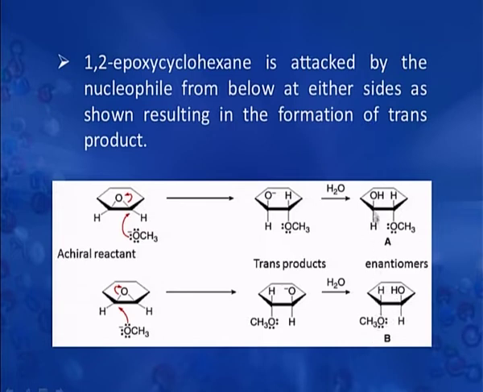If you compare A and B, the only difference between them is that they rotate the plane of plane polarized light in opposite directions, or you can say that they are mirror image isomers. And this is possible because 1,2-epoxy cyclohexane is actually a symmetrical oxirane, and attack can take place either at this side or at this side.